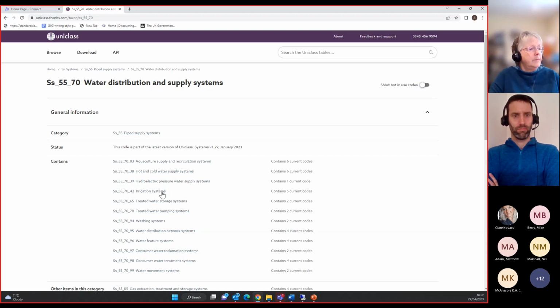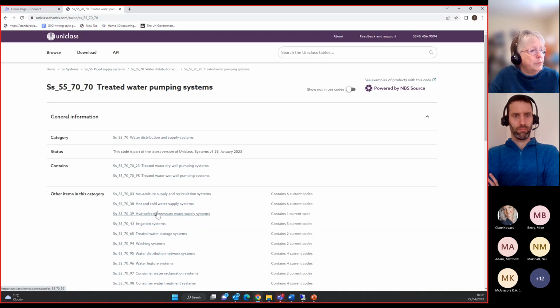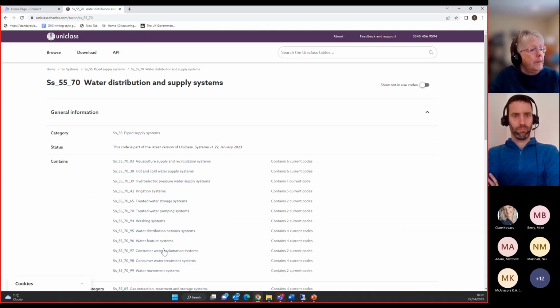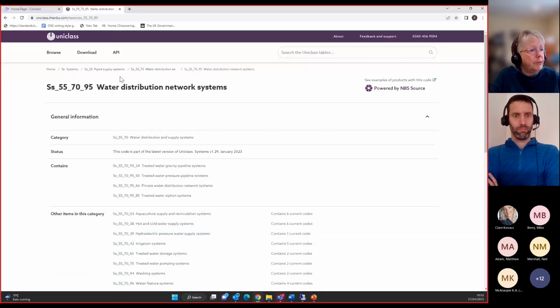But never the rest of them, treated water pumping systems, you've got dry well and wet well pumping systems there, for example. And then distribution, gravity, pressure, and private water distribution networks, which my understanding is that occasionally there is a responsibility for a utility to be involved in that.